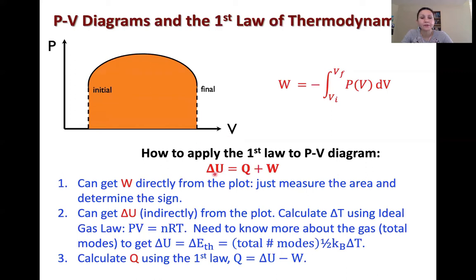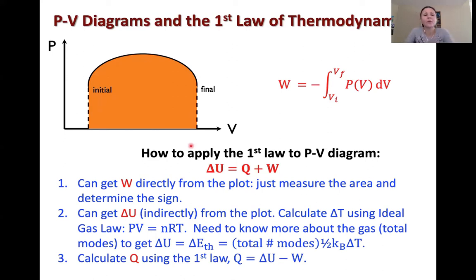And our goal is, again, for this process, to figure out the change in internal energy, how much heat was added or removed, and the work done. So if your starting point is here, what can you figure out? Imagine you were given the pressures and volumes and all the information you need to get a numerical result, but we're just talking about it conceptually. So what can you do?